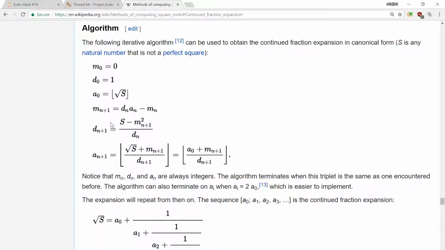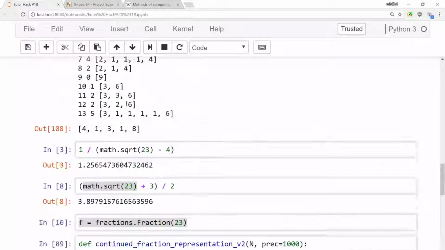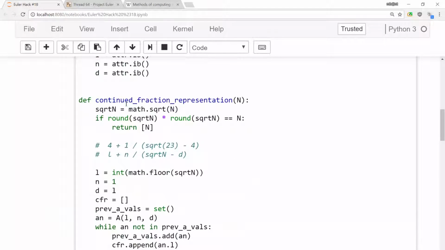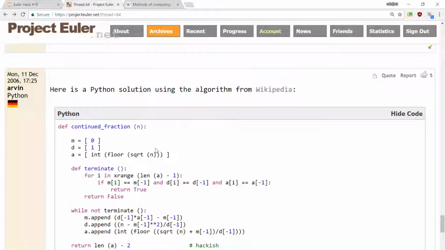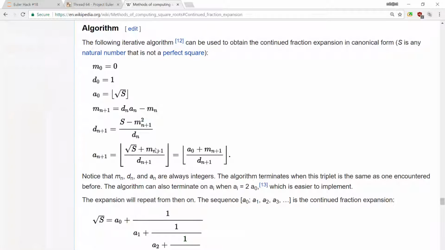Oh, the initialization and everything. Yeah. Yeah, he's just copy and pasting, this bastard.